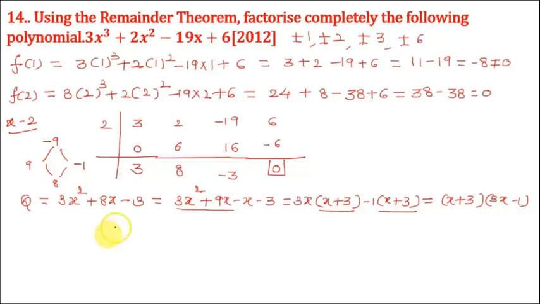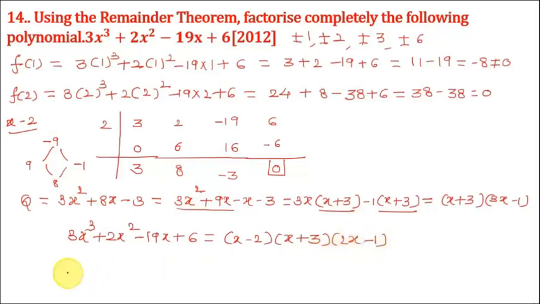And hence the factors of the given polynomial 3x cube plus 2x square minus 19x plus 6 are: first bracket x minus 2, second bracket x plus 3, and last bracket 3x minus 1. These are the factors of the polynomial 3x cube plus 2x square minus 19x plus 6.